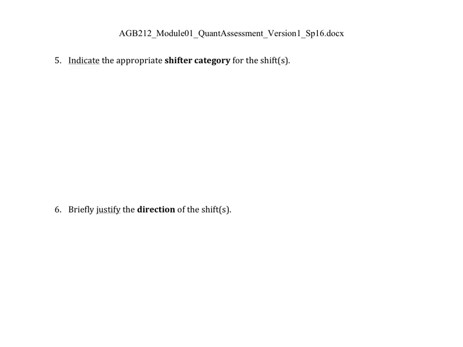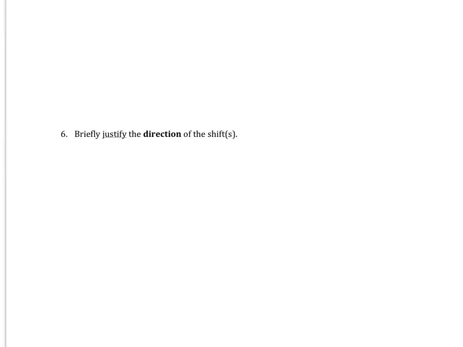Okay, so from this information and from the picture that you've already generated, you're asked to indicate the appropriate shifter category. So if it's a supply shifter, it's one of those 6 supply shifters. If it's a demand shifter, it's one of the 5 demand shifters. So all that you need to write here is just which category you are talking about. Now the next problem is looking at the justification for the direction of the shift.